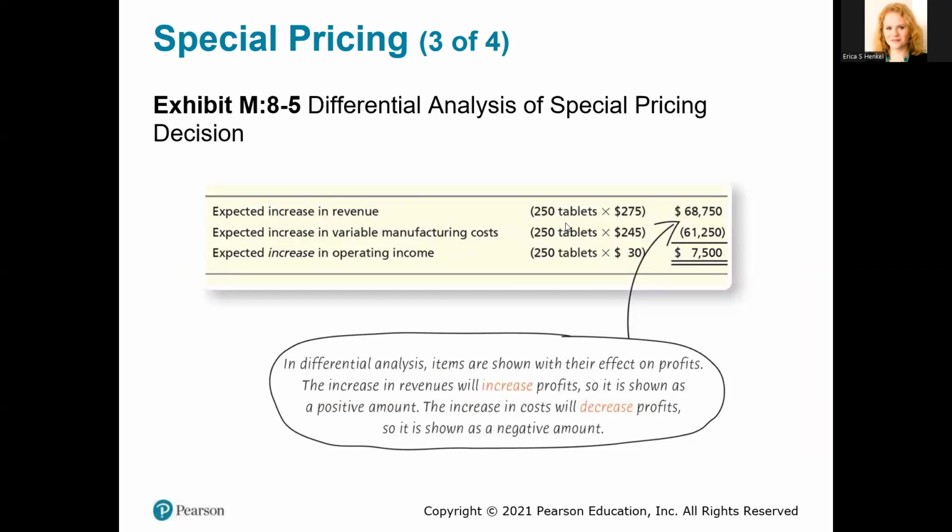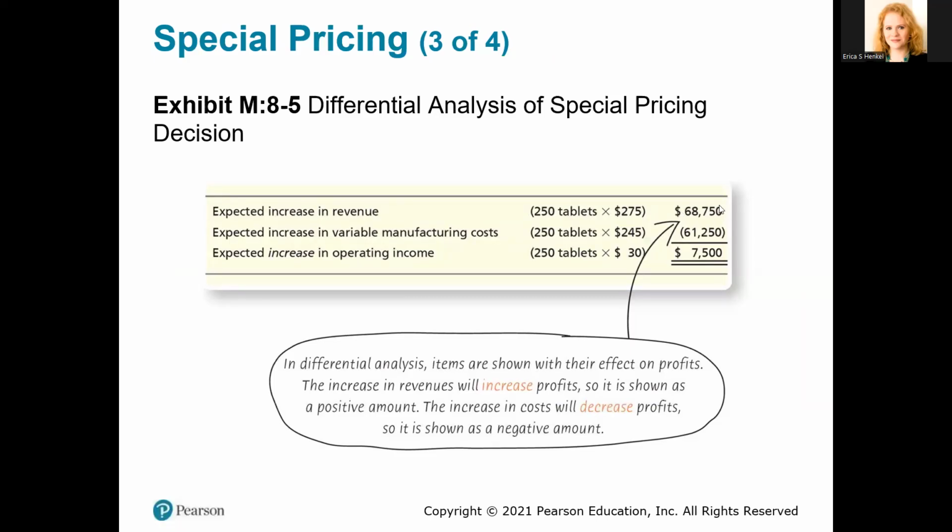So producing 250 additional tablets at $275 would get us an increase in revenues of $68,750. Now, if there was going to be a loss of any other sales as a result of accepting this special pricing order, we would net those reductions in revenue against this, okay?